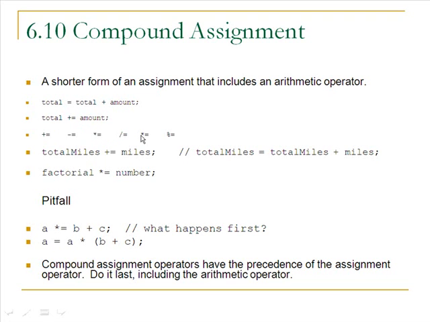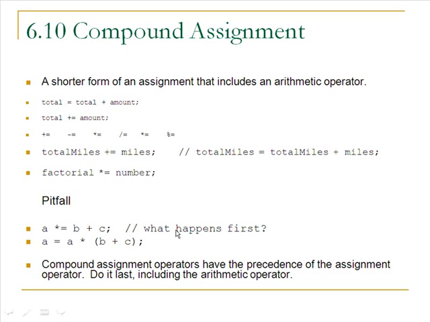There are only 5 corresponding to the 5 arithmetic operators: plus, minus, multiply, divide, and modulus. So here's another example of plus gets, and here's an example of multiply gets. This is a short form of factorial gets factorial times number.